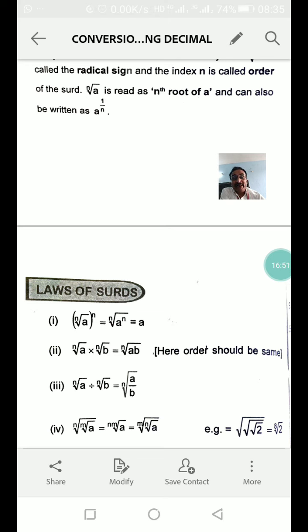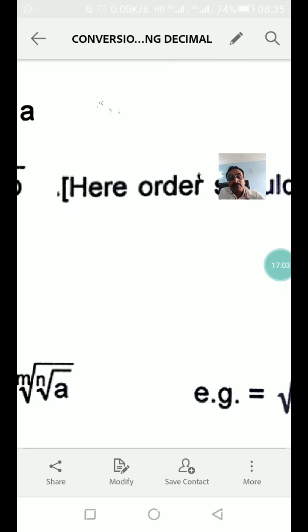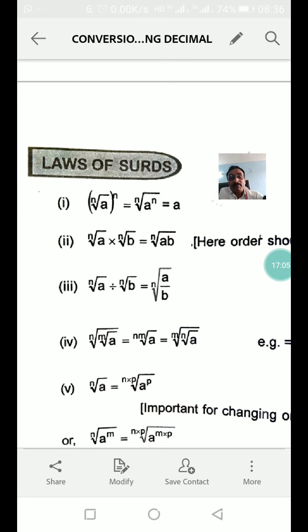In the same order, nth root a into nth root b equal to nth root of ab, and in the same order, nth root a divided by nth root b equal to nth root of a by b.